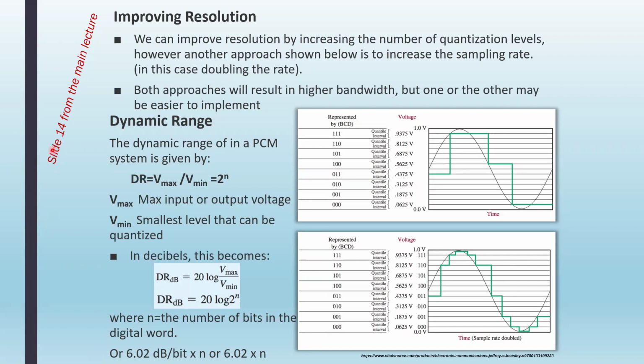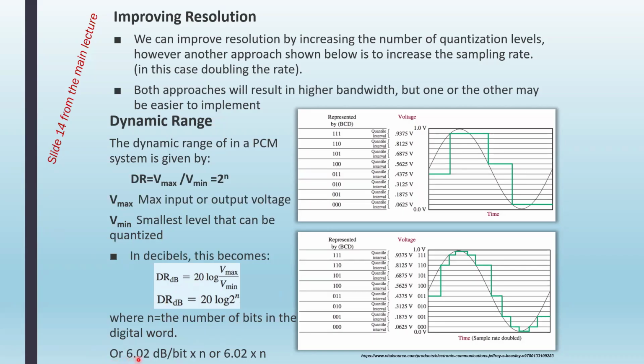Again, there's another formula here. I'm going to say the dynamic range is about 6, because 6 has to do with the 20 log. I'm not going to go into deriving that.